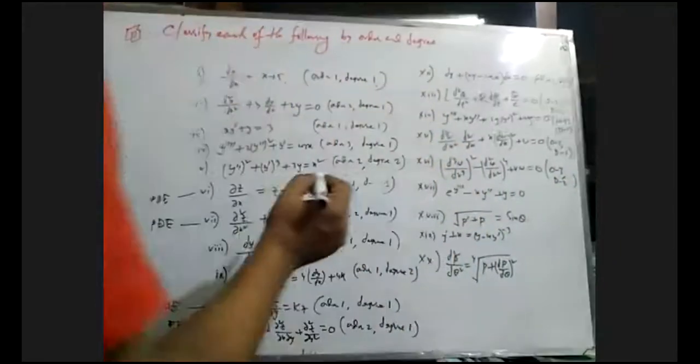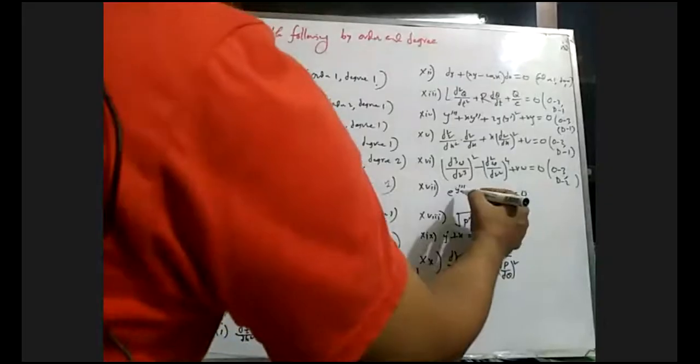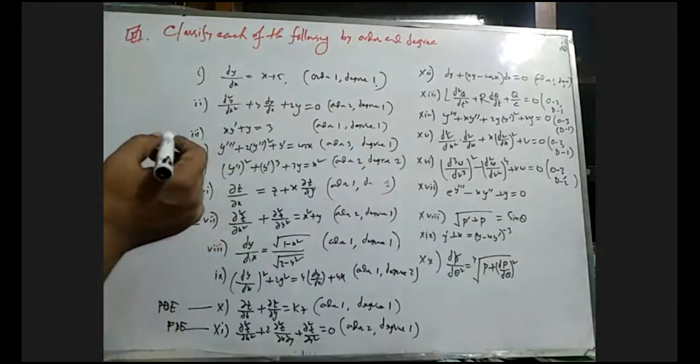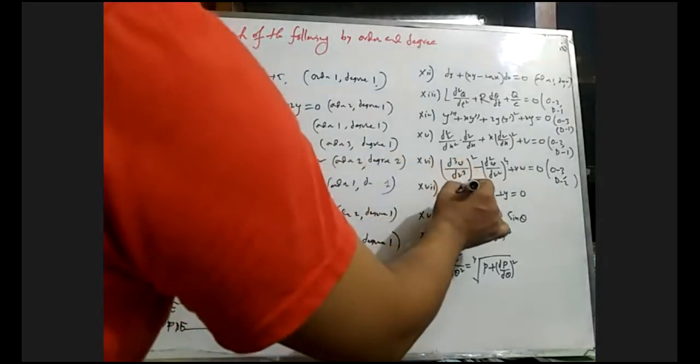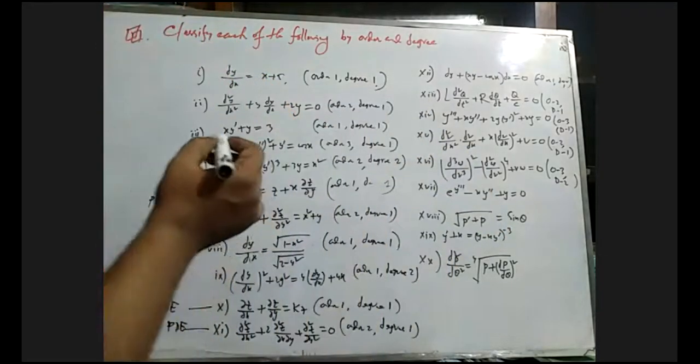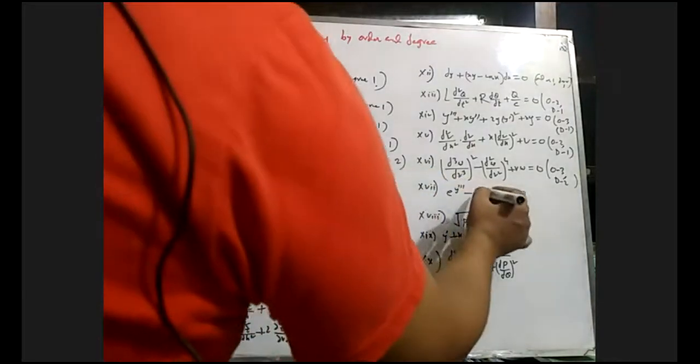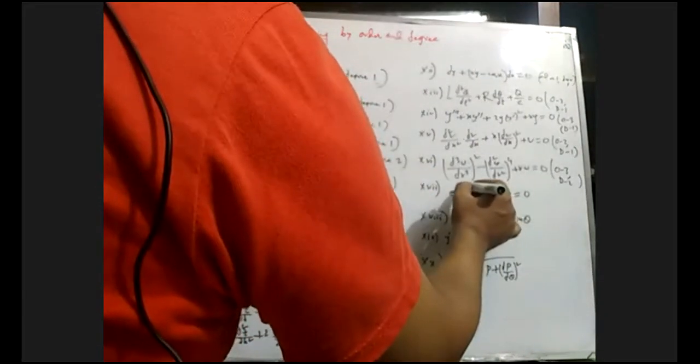Now this is the differential coefficient on the power of e. Remember it. Exponentiation of differential coefficient. Here there are 3 times differentiation.